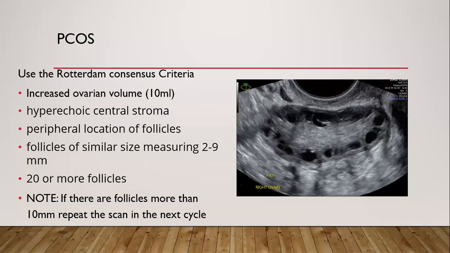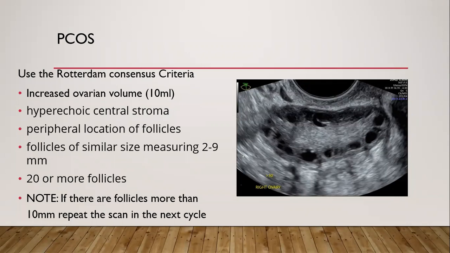To diagnose PCOS, we use the Rotterdam consensus or criteria. This is the criteria that was agreed upon by the physicians, that would lead to the conclusion that this patient does have PCOS.